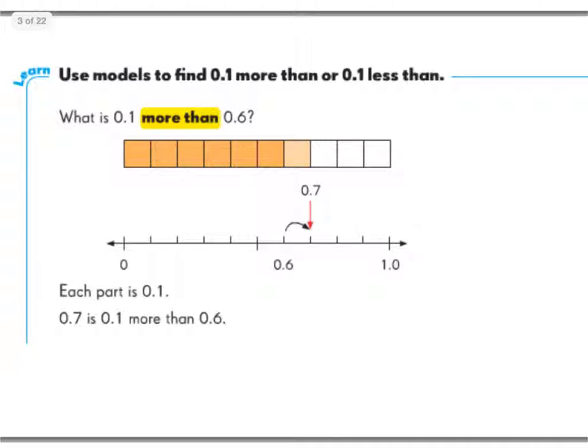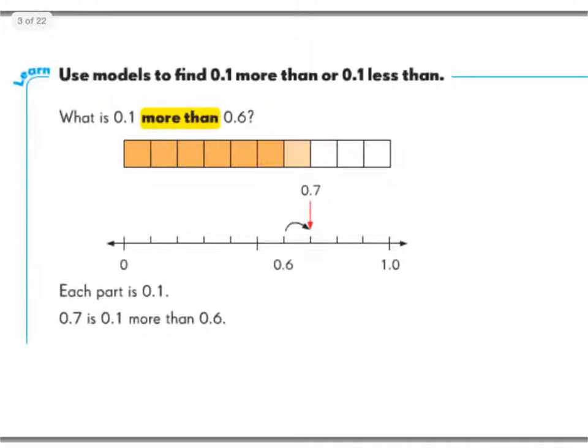So how can we use this vocabulary with decimals? Here is an example. The question says, what is 1/10 more than 6/10? So here in the model, in the drawing, we have 1, 2, 3, 4, 5, 6, 7, 8, 9, 10.